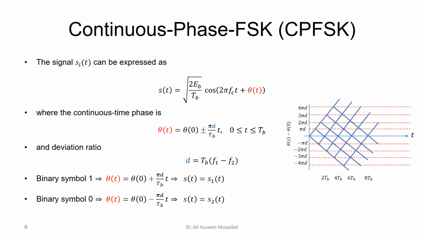So it relates to the frequency of the two carriers, for 1 and for 0. Now if the symbol that we transmit is 1, then the phase will include the positive sign, we'll add the positive quantity here. If the symbol is 0, we'll have the negative quantity, so the phase will be subtracted.